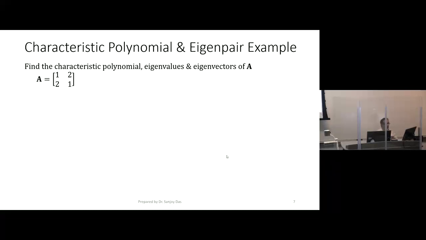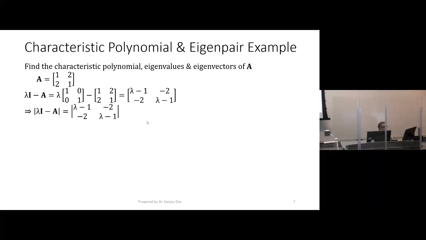Here's an example. Let's find the characteristic polynomial, eigenvalues, and eigenvectors of this simple matrix 1, 2, 2, 1. Lambda I minus A equals lambda times I, the identity matrix, minus A, which is equal to this here: lambda minus 1, negative 2, negative 2, lambda minus 1.